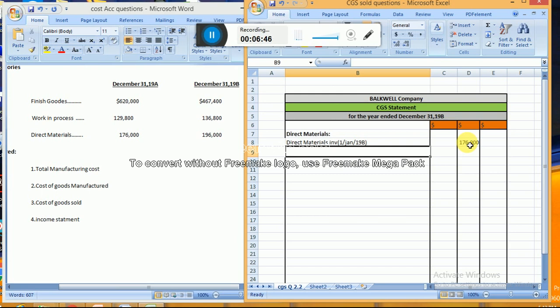It will become the beginning materials for 19B.